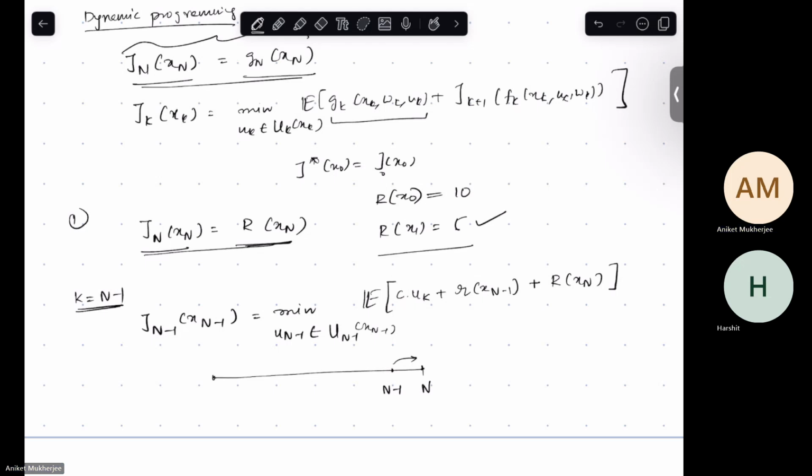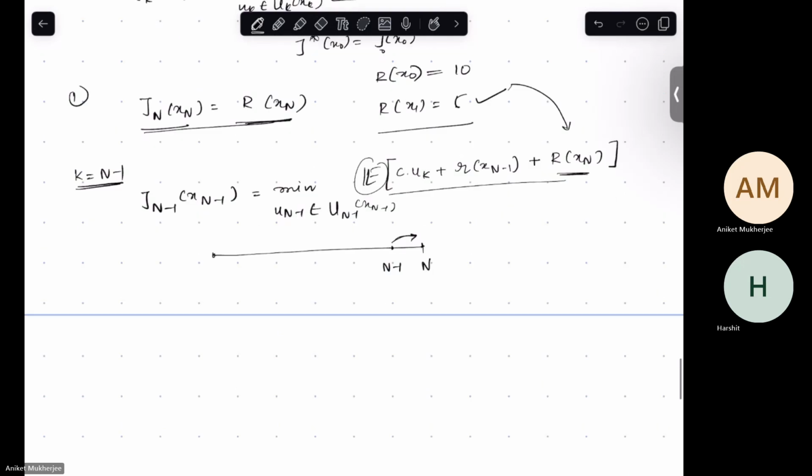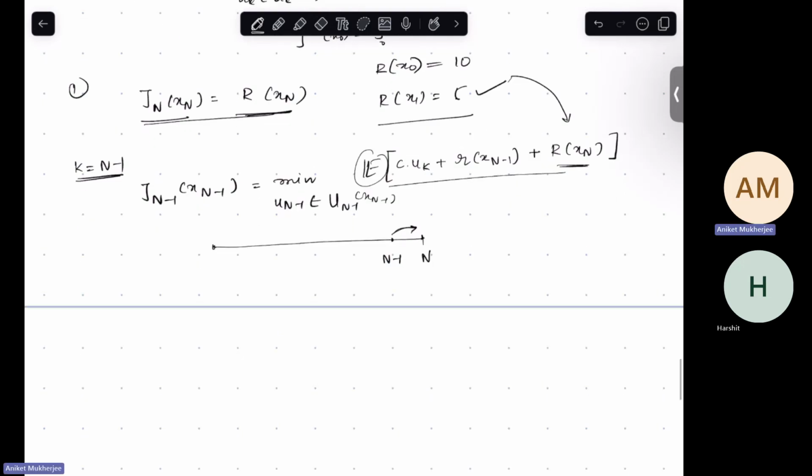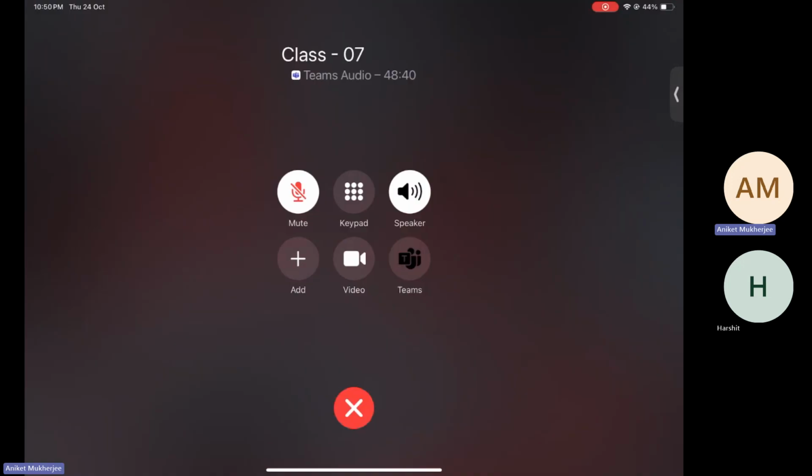So this will play a role in finding out this expectation, because going from n minus 1 to n, you would want to go to R(x1) more than R(x0). So you will choose an action which will push you to R(x1) rather than R(x0). I hope that intuition is clear. Okay, so this is the intuition for this n minus 1 step.